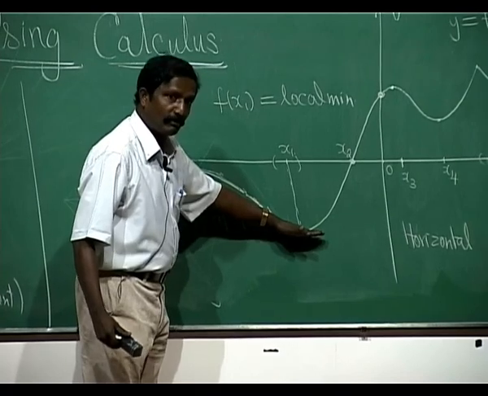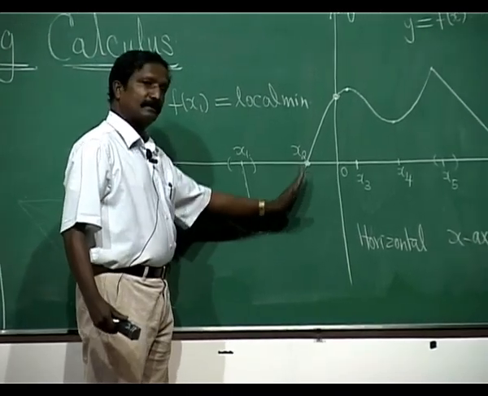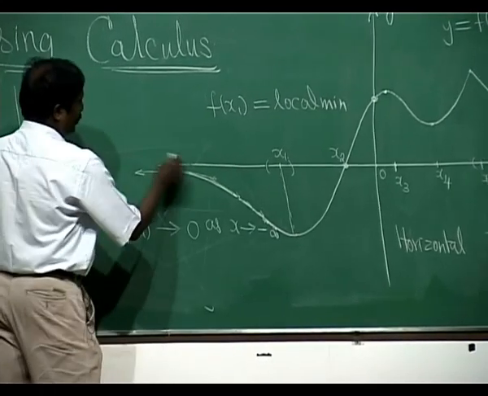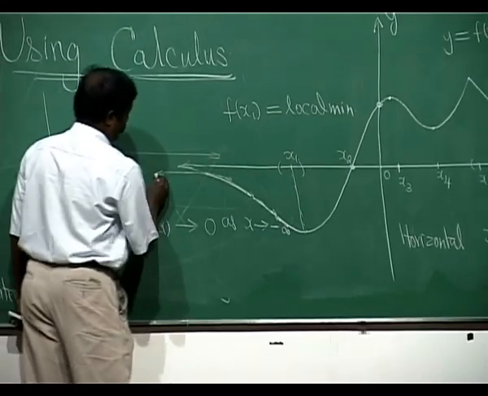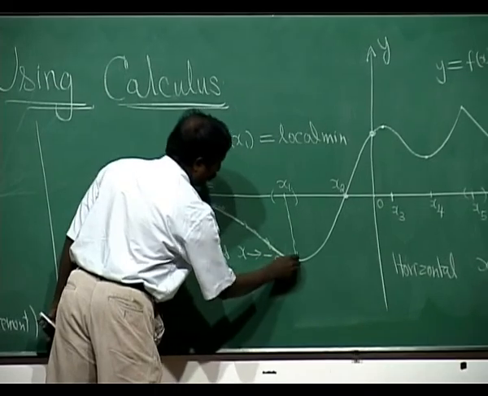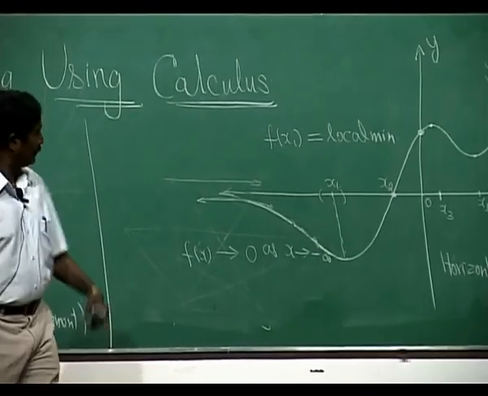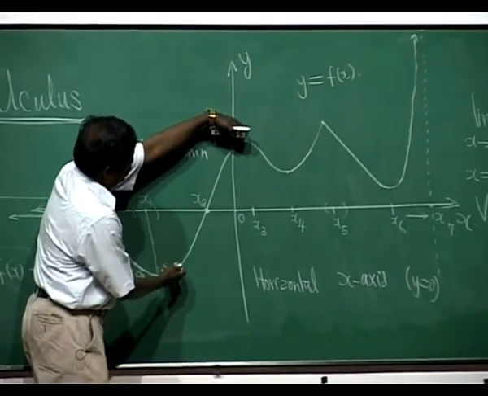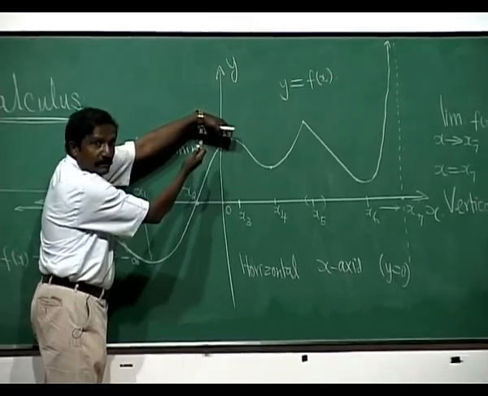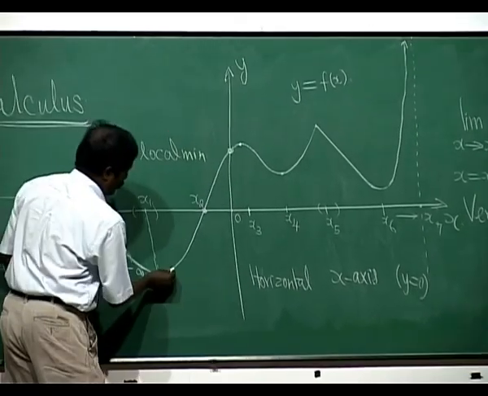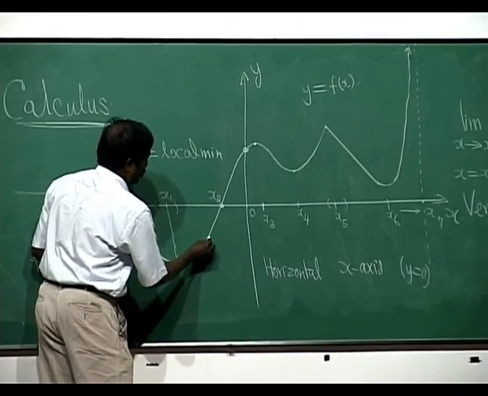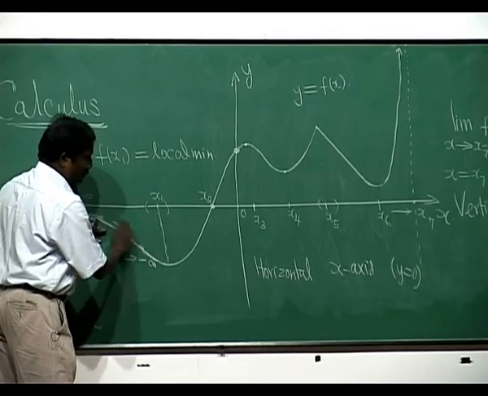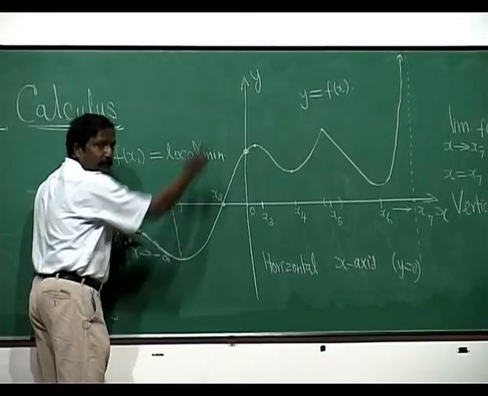Coming to 0, and then it is increasing. So on this interval, as x goes from left to right, our function values are decreasing. And here in this interval, up to this, the function values are increasing. So your tangent slope is negative here, and the slope of the tangent is positive there.